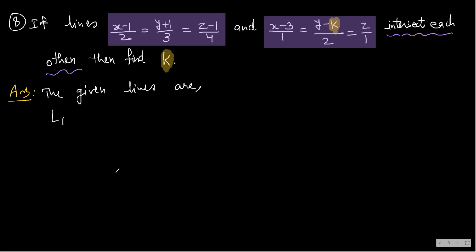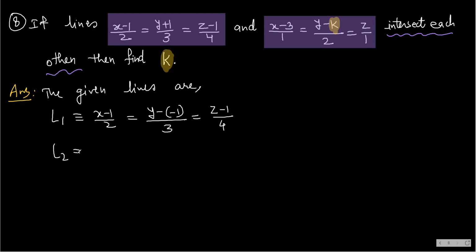L1, which is (x minus 1) by 2 equals y. Now this is y plus 1, so I will write y minus of minus 1 by 3. This is the way you should be writing symmetric form, so that you could write the coordinates of the point on the line. y minus of minus 1 equals (z minus 1) by 4.